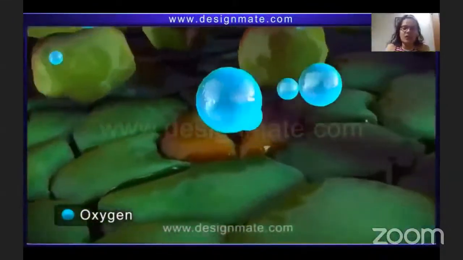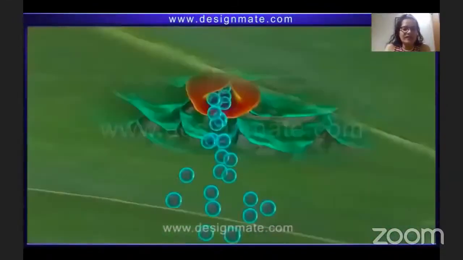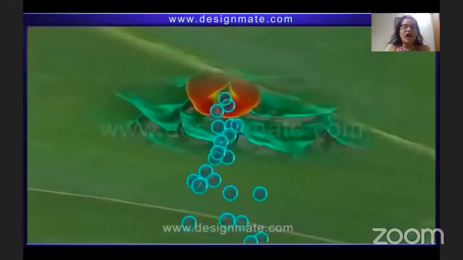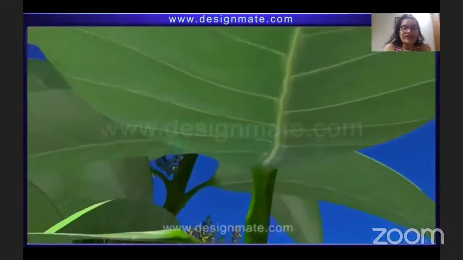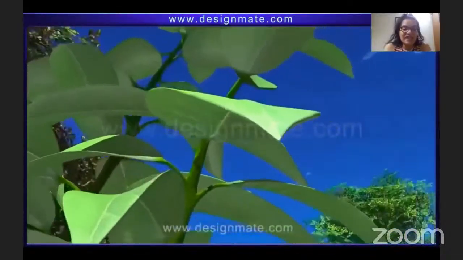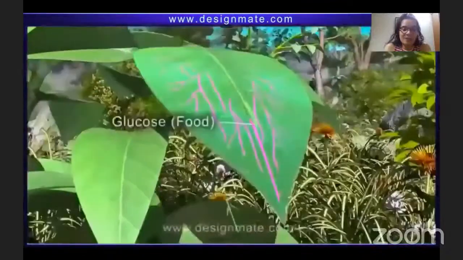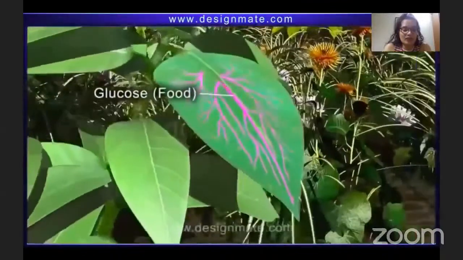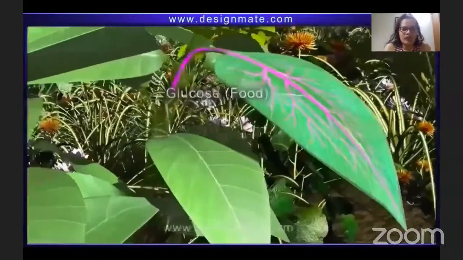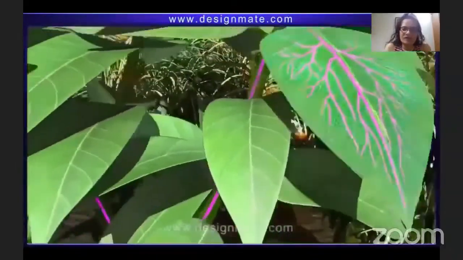Let's talk about oxygen. The oxygen present in these air spaces diffuses out through the stomata. Stomata not only takes in the carbon dioxide, but it also sends out the oxygen that is made. So, during photosynthesis, oxygen is given as a life-sustaining gaseous compound to the atmosphere, while glucose or food is transported to all parts of the plant and is used for growth.